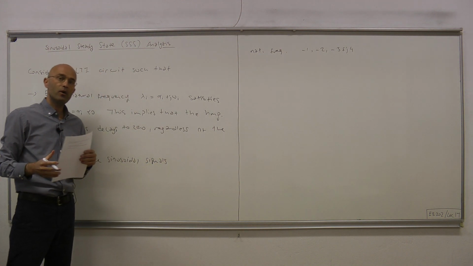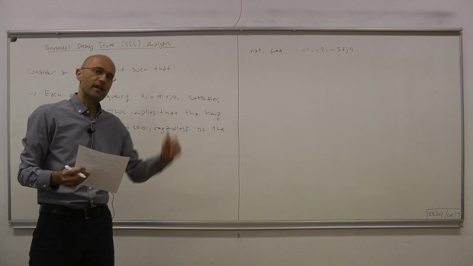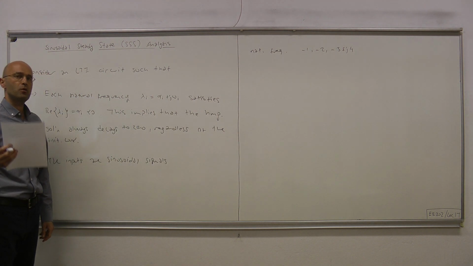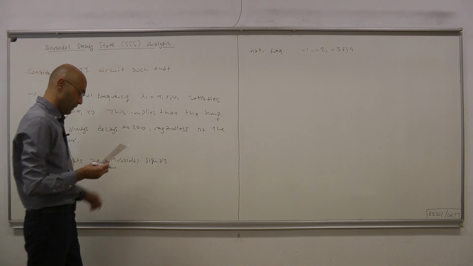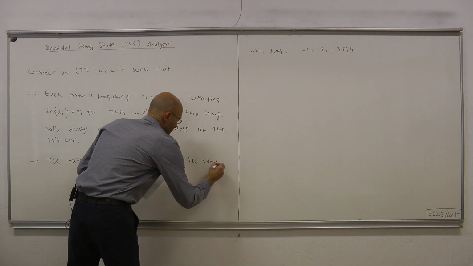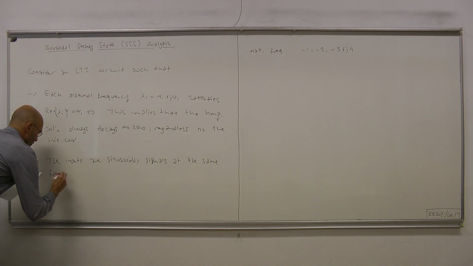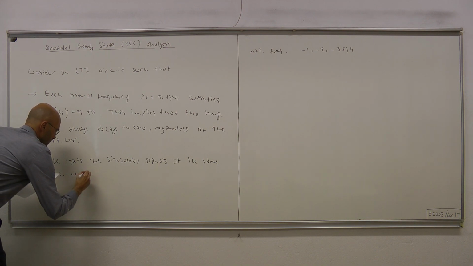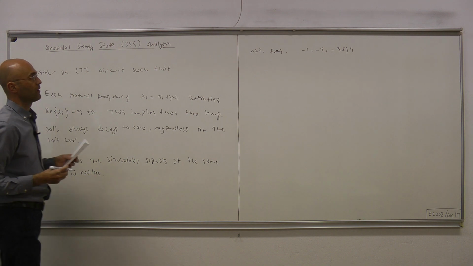And if we have more than one input in the circuit, then all the inputs are oscillating at the same frequency, which we will usually denote by the Greek letter omega, omega radians per second.